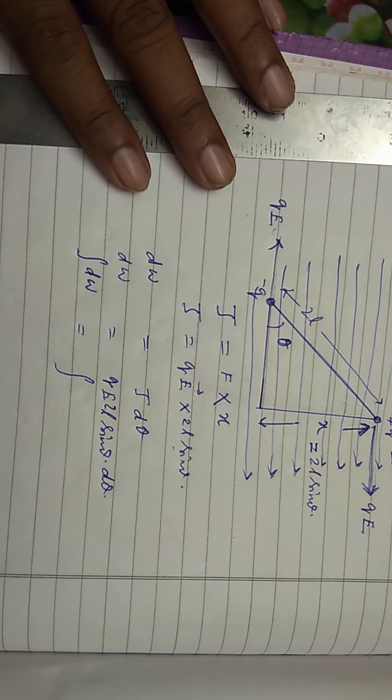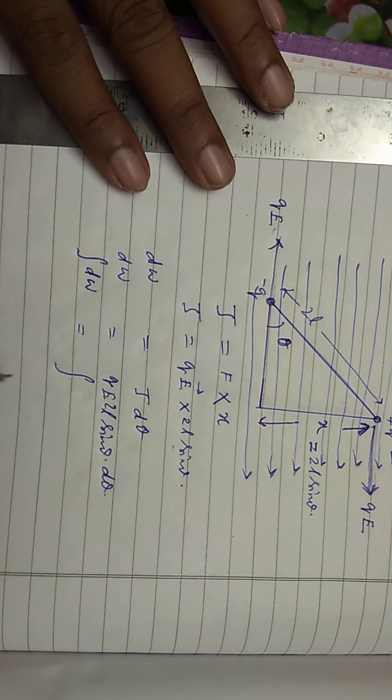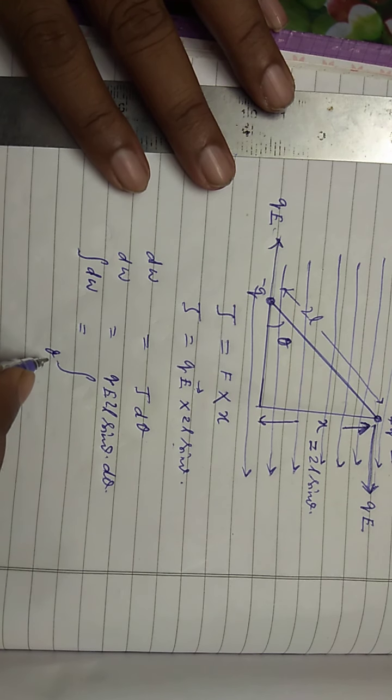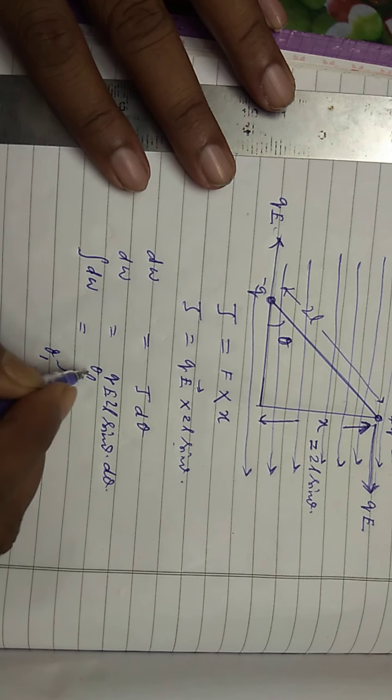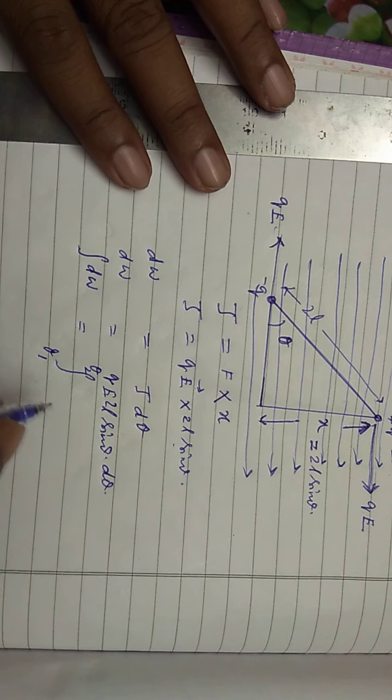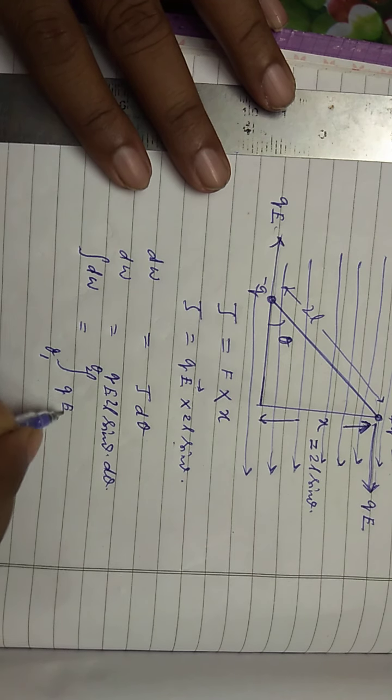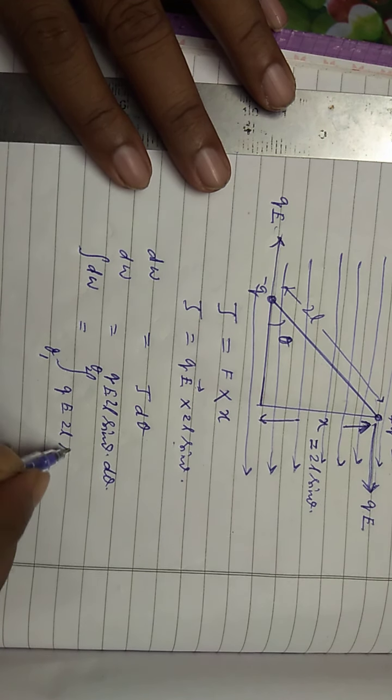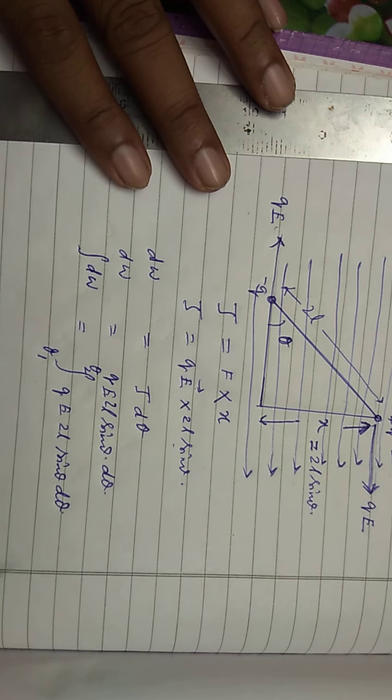And if I want to rotate this dipole from an angle theta 1 to theta 2, then the total work done is going to be the integral of QE 2L sine theta d theta.